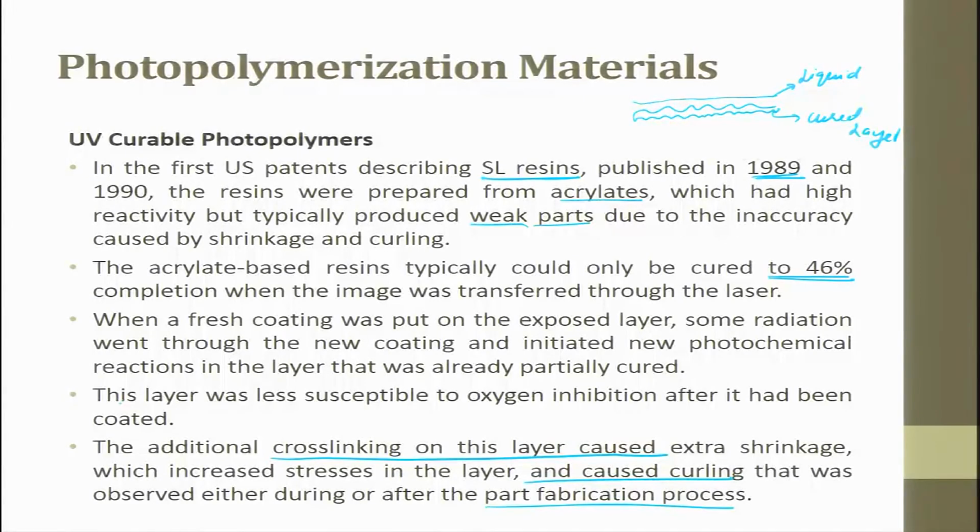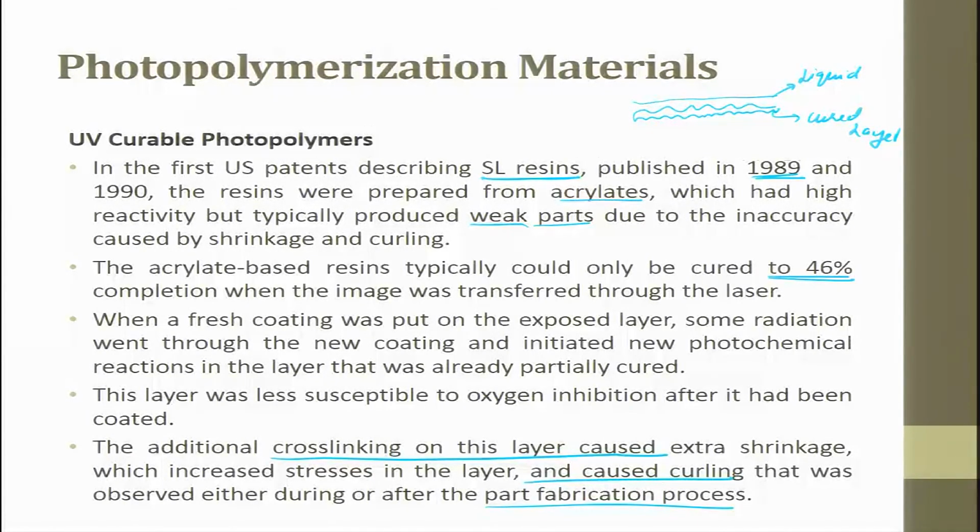So, please relook into these two points. This layer was less susceptible. What is this layer? The fresh coating was put on the exposed layer. Some radiation went through the new coating and initiated new photochemical reaction in the layer that was already partially cured, right? And this layer was less susceptible. Which layer? The bottom layer, to oxygen inhibition after it has been coated.